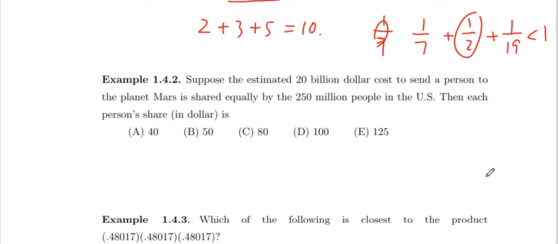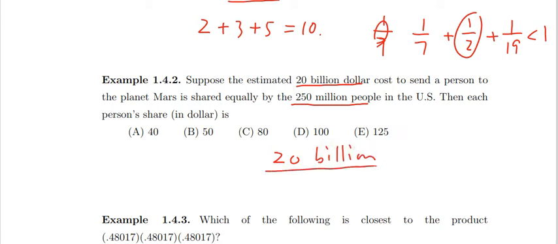So those are just 20 billion, and it should be equally divided by 250 million. Then each one is 20 billion over 250 million.